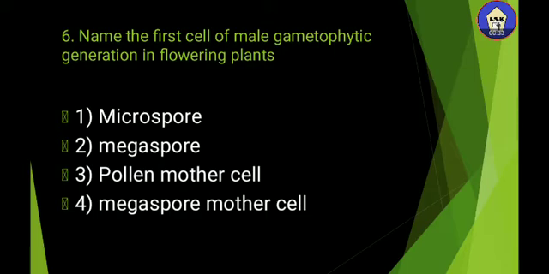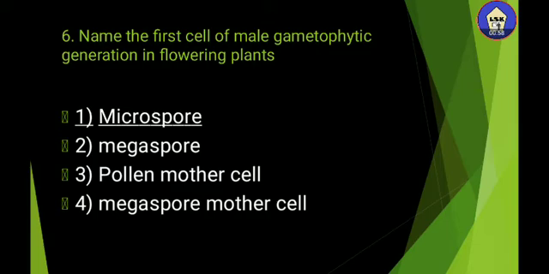Definitely megaspore mother cell is wrong and even megaspore is also wrong. Then what should be the right answer? Microspore or pollen mother cell? The answer is microspore. The reason is the pollen mother cell is present within the anther. Anther is a part of the androecium. Androecium is found in the flower.